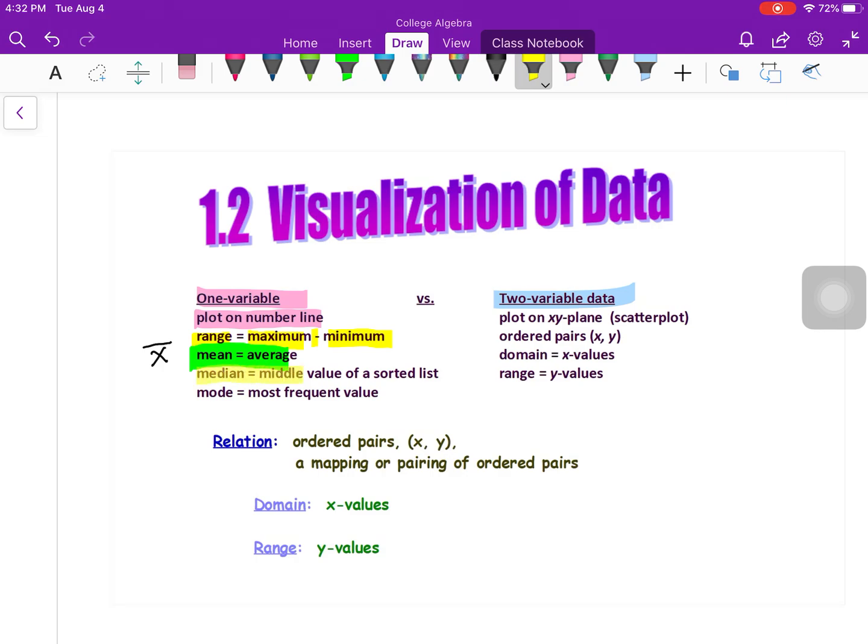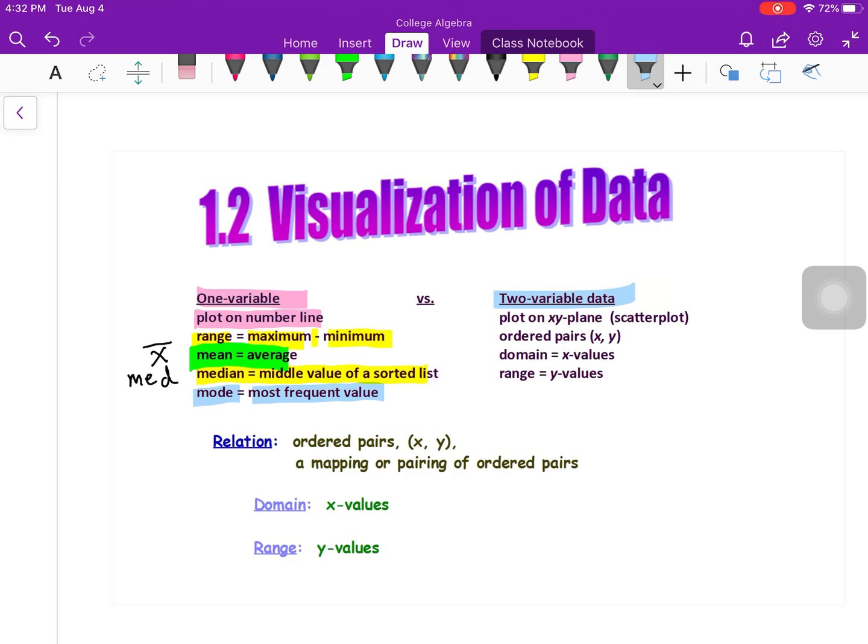You can also find the value in the middle, which is called a median. So once your list is put in order, you will find the number smack dab in the middle, called the median, and that is denoted by MED.